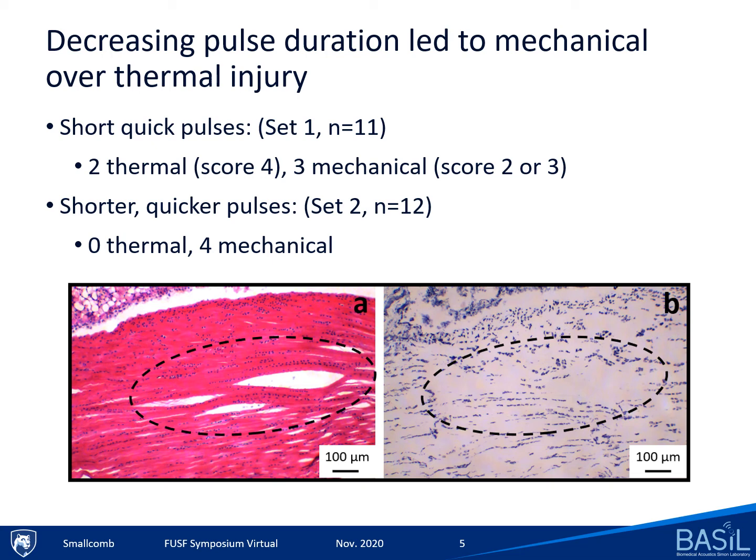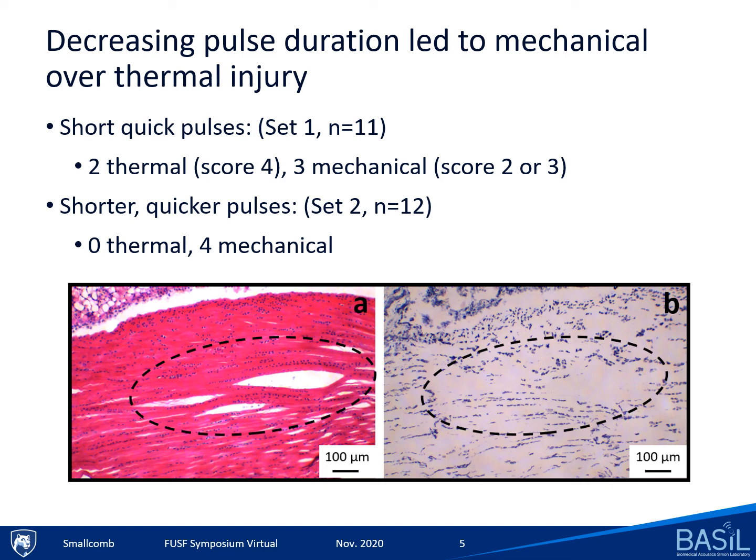For example, in our set 1, which had short, quick pulses at 1 millisecond duration, we had 2 samples displaying thermal injury, while 3 displayed the mechanical injury. We also saw this trend with even shorter and quicker pulses of now 0.1 milliseconds in set 2, with none of them displaying thermal injury, but 4 samples still showing mechanical type disruption.